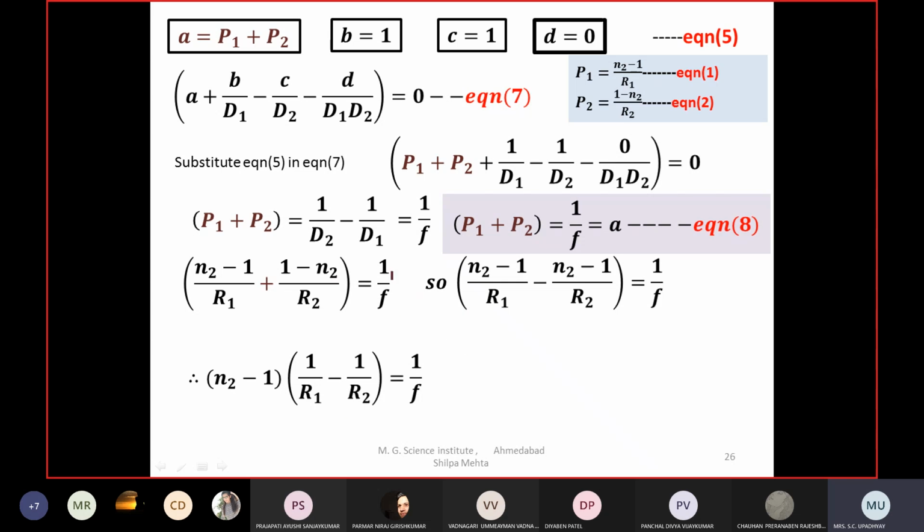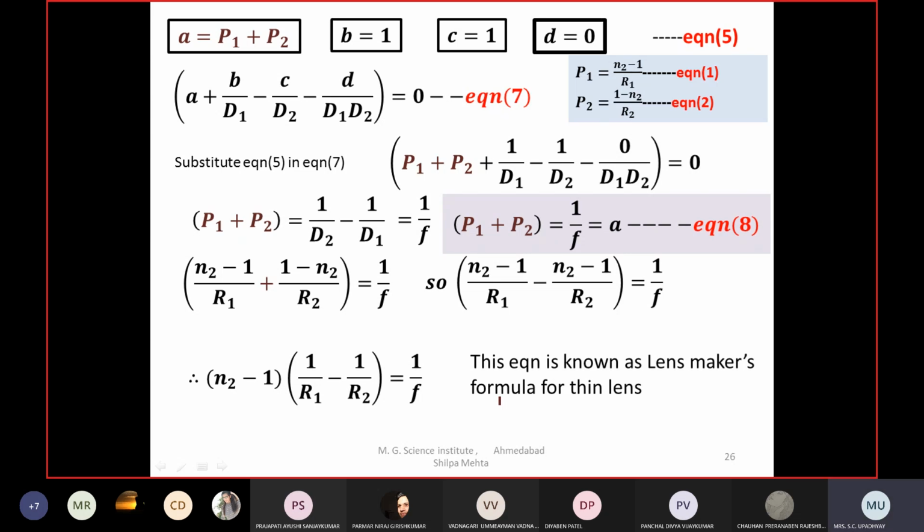Do you know which equation this is? Lensmaker equation. Very good. This equation is known as the Lensmaker's equation for a thin lens.